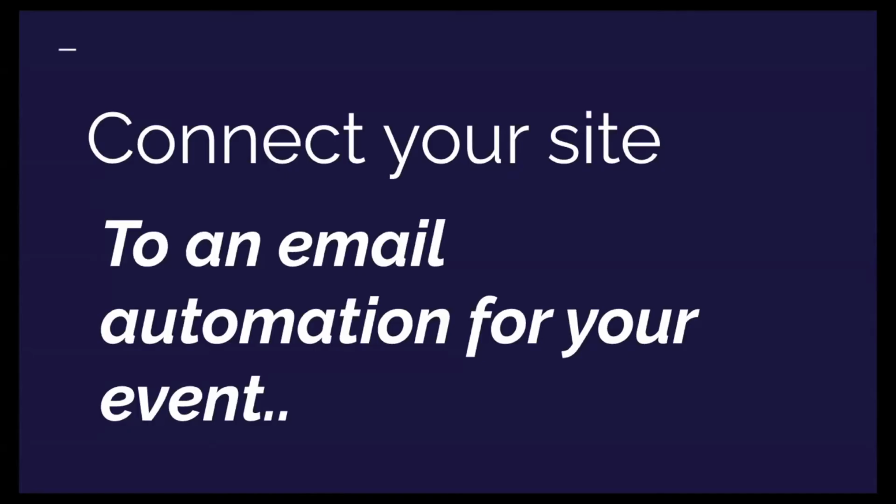Make sure that your landing page is connected to an email automation for your event. An email automation service is really helpful. It allows you to send multiple emails at once to different groups that you create through your events. So think of this as group one for your one course, right?